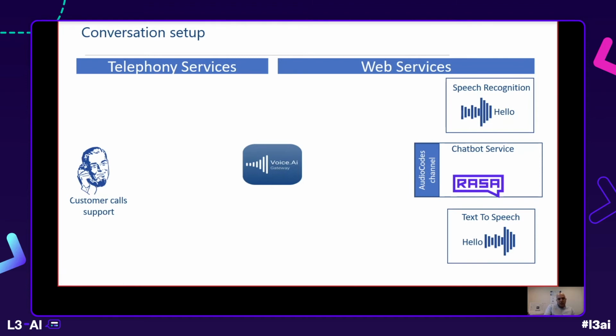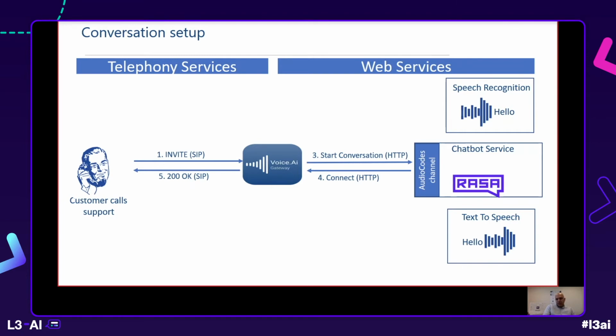So the flow will start with a call coming from the telephony side. Then the Voice AI Gateway will use the HTTP protocol to connect to the AudioCodes channel. The AudioCodes channel will reply with 200 OK, and this way the call will be connected.